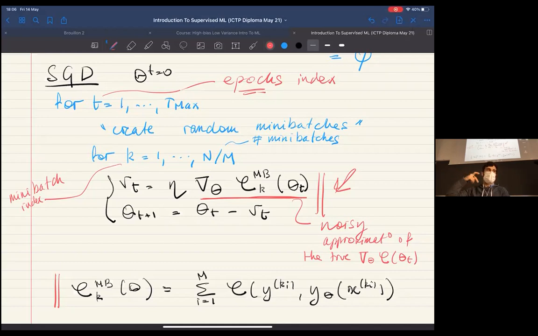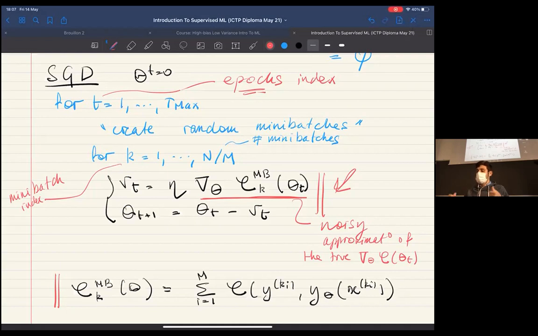is not only a way to dramatically reduce the computational cost, but it also helps a lot the algorithm to find good minima, which means to find minima that are close to the global minimum. And actually, in machine learning, to find minima that have good generalization properties, such that the model that you learn is good at prediction.